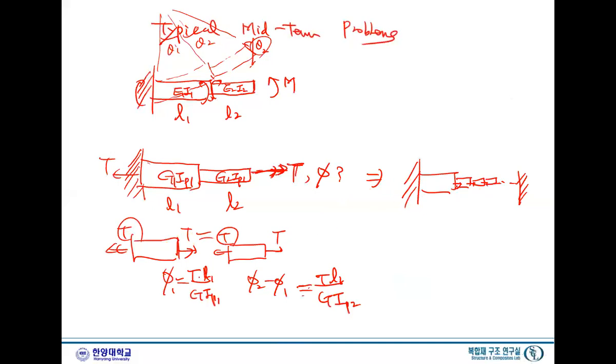But here, since we applied T12 and T23, this T1 and T2 are different, right? There is another torque applied at the center, I mean the connection point.